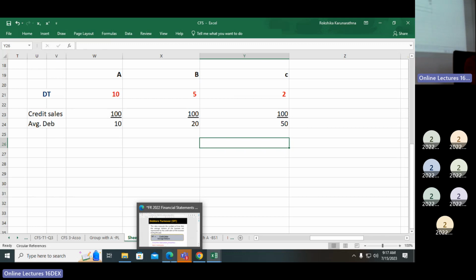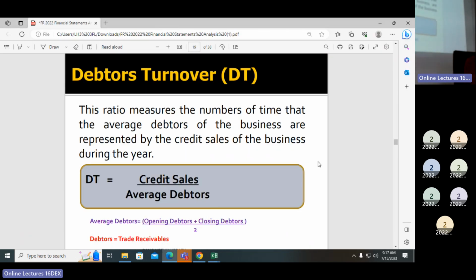Now, when we analyze financial statements, we learn this in the financial accounting subject. In financial reporting, we take the external stakeholders' perspective. You may be an investor or shareholder, so you will not actually have this credit sales value. We have only the financial statements. The debtors turnover can be calculated correctly internally, for management accounting purposes, where the business knows how much is credit sales and how much is cash.